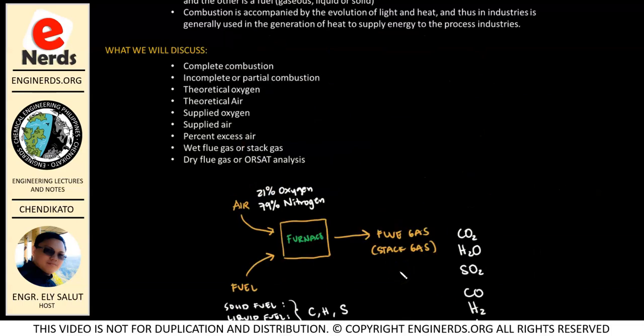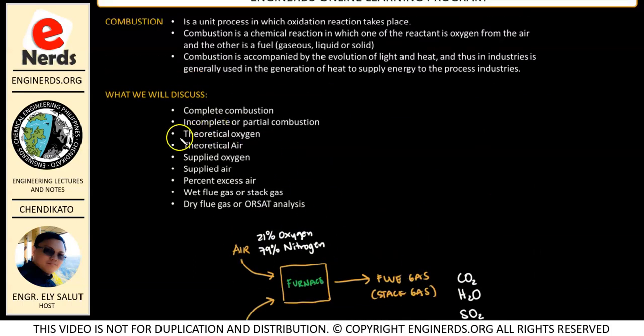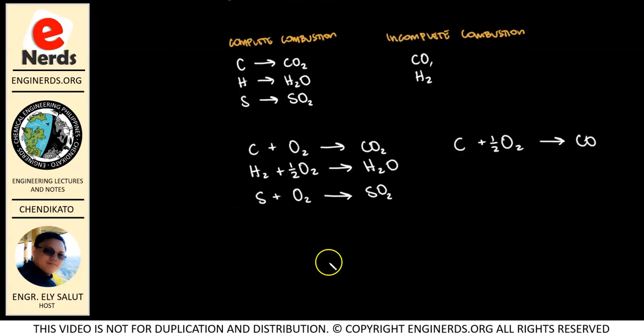So, ang sunod nating i-define is ano ba itong tinatawag nating theoretical oxygen. So, sabi natin itong ating mga combustible material is reacting with oxygen, producing CO2, H2O, and SO2 for complete combustion, di ba? And for incomplete combustion naman, it is reacting with O2 to produce CO. Okay?